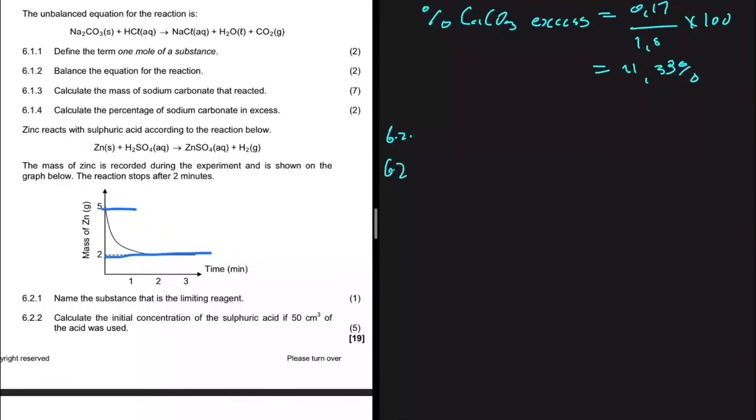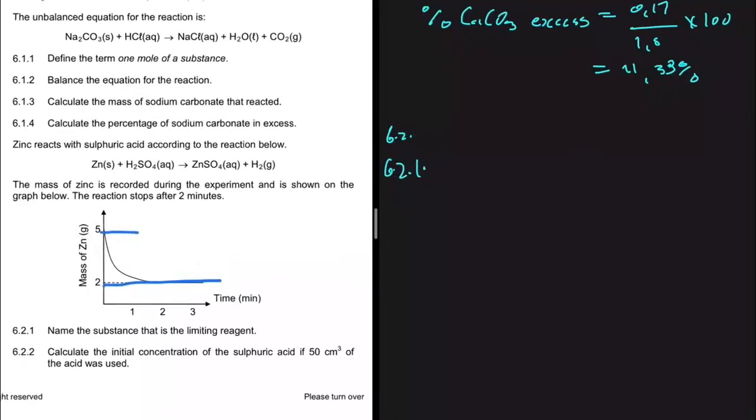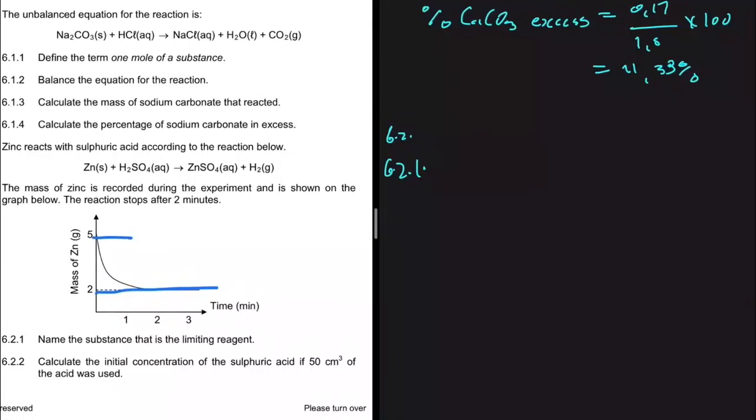And then 6.2.1 says name the substance that is the limiting reactant. Let's analyze our situation. We have zinc and sulfuric acid. The mass of zinc starts at 5 grams, and then at 2 grams it never goes down, it remains there.